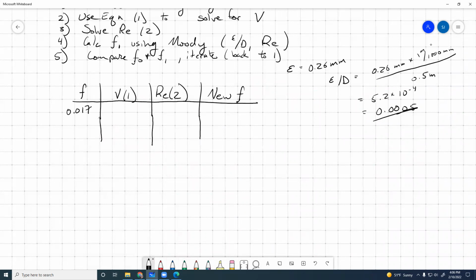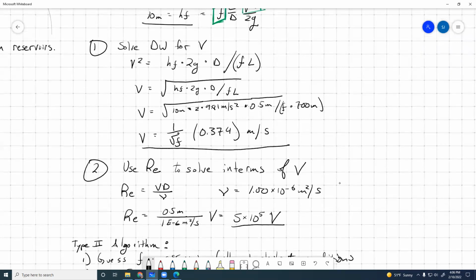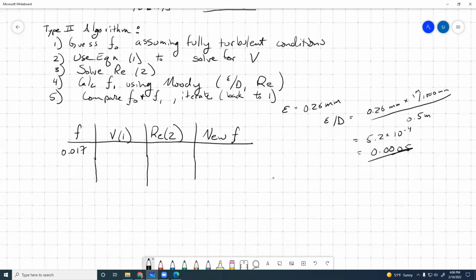Let's go ahead and use equation 1 to solve for velocity. So 0.374 times 1 over square root of f. We get 2.87 meters per second.